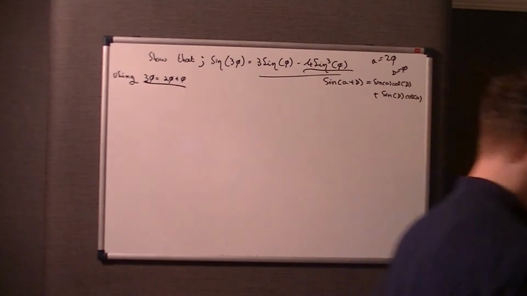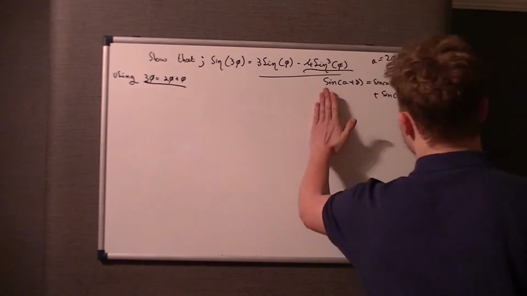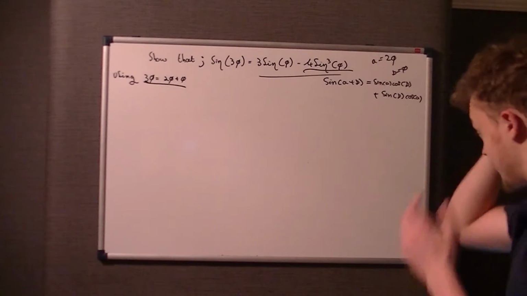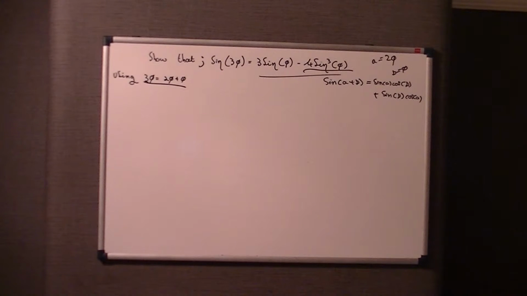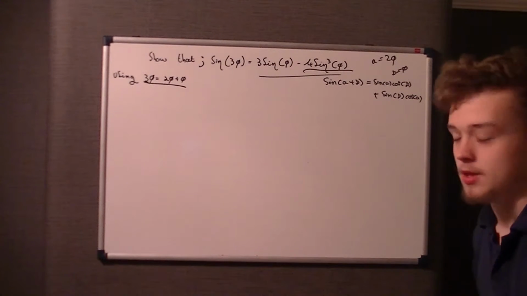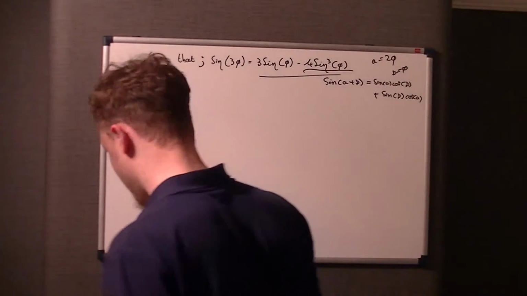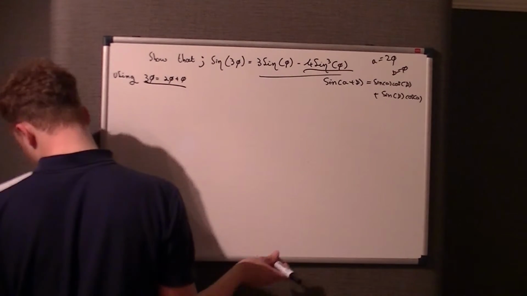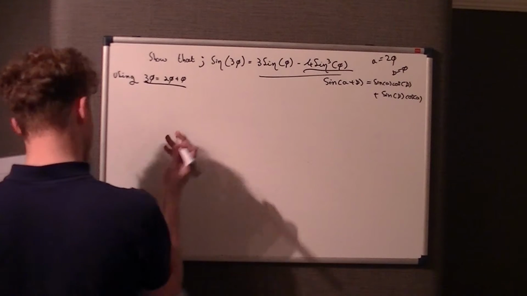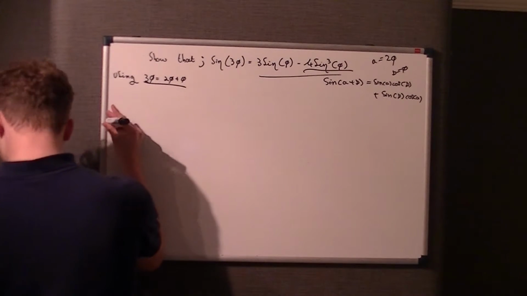Okay, so bearing in mind this, the sine 3 theta is equal to 3 sine theta take 4 sine cubed theta. We need to use that idea to be able to work out the next part. Now, it's not as simple as some people might think, and it's probably more complicated than others might think as well. But it is question 6 on the hardest paper.